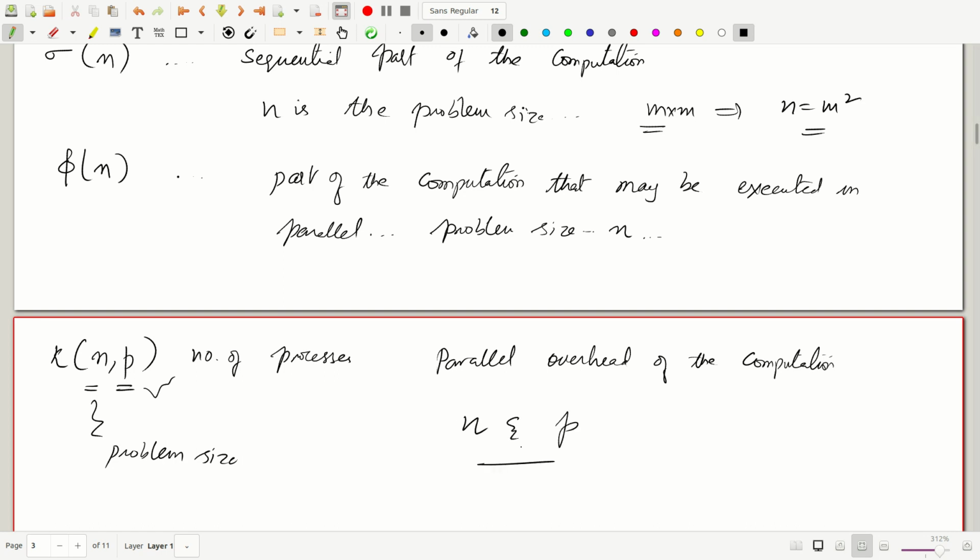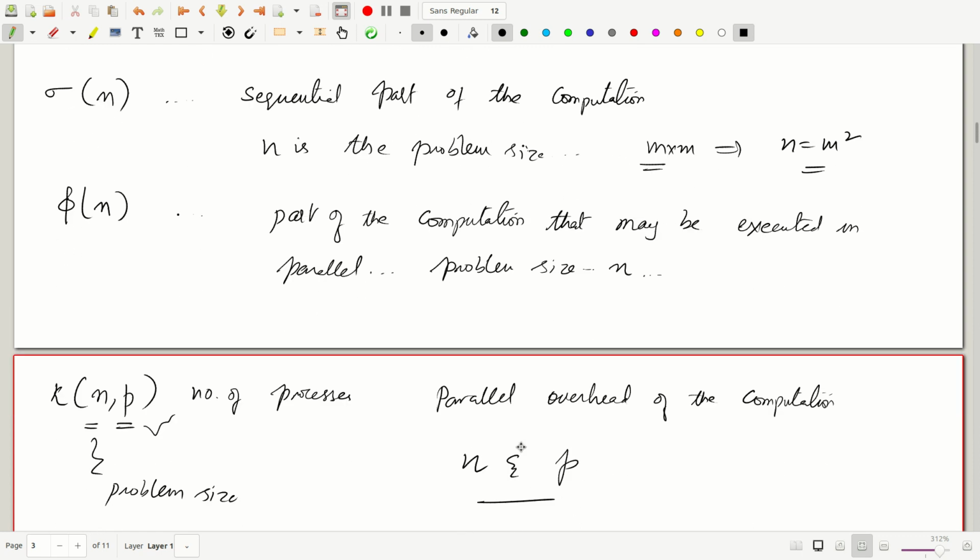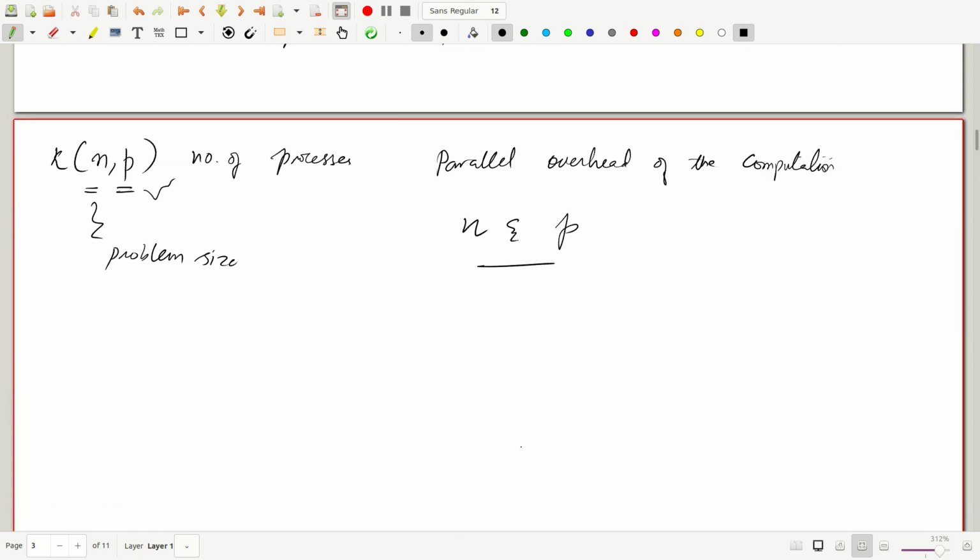Now let us see if we can define speedup using these variables.